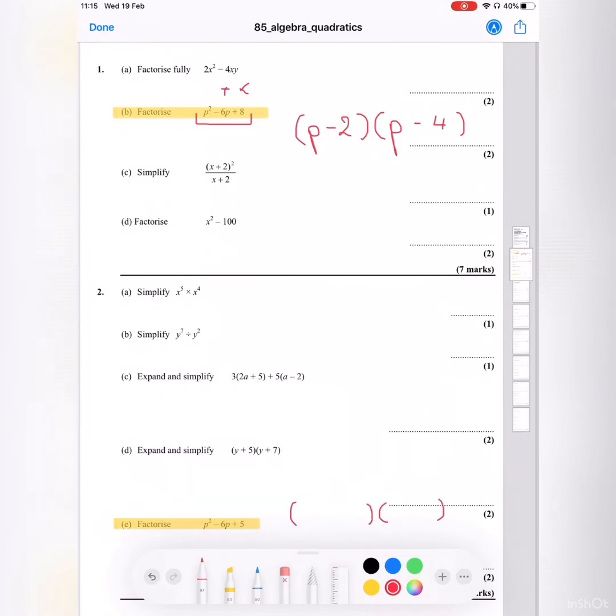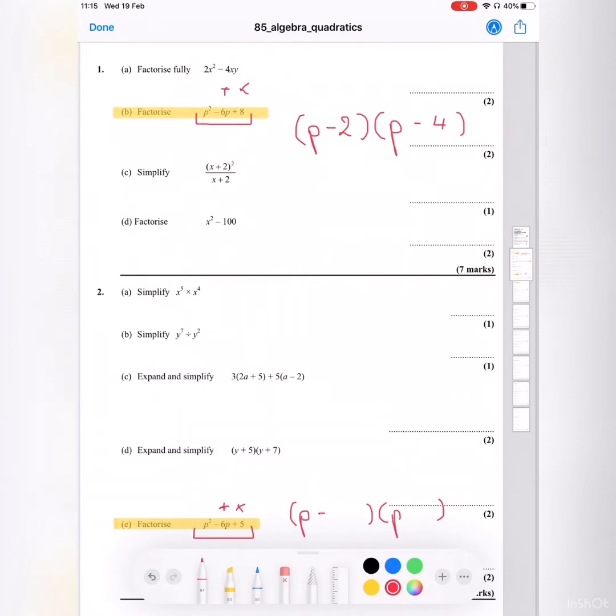Part E then, again, must be 2 brackets because there's nothing common that goes into all of them. Again, just like the one before, times to get positive 5, add to get a minus 6. So therefore, again, must be P at the beginning.